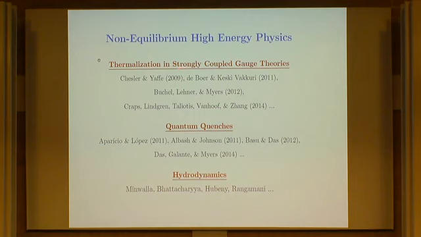People have also looked at these quantum quenches. What happens if you start in a holographic system and, for example, abruptly change the metric? How does your system evolve as a function of time? And also from the perspective of hydrodynamics, because there's a very deep relation between the solution of the Navier-Stokes equations and the solution of the Einstein equations in one higher dimension. Okay?